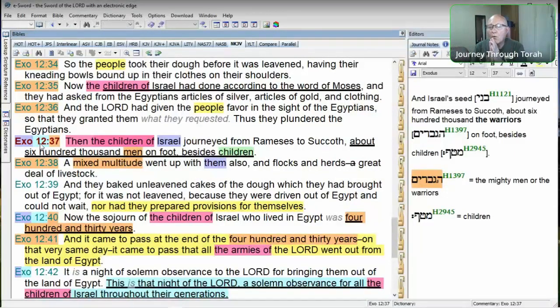This is us leaving Egypt right after the Passover. We've had the Passover. Many firstborn men in Egypt didn't survive the night.